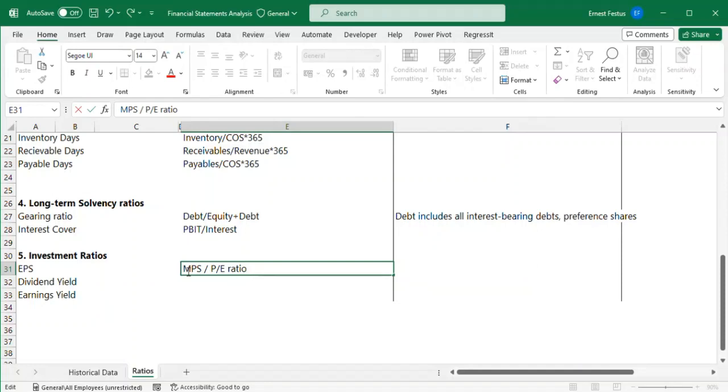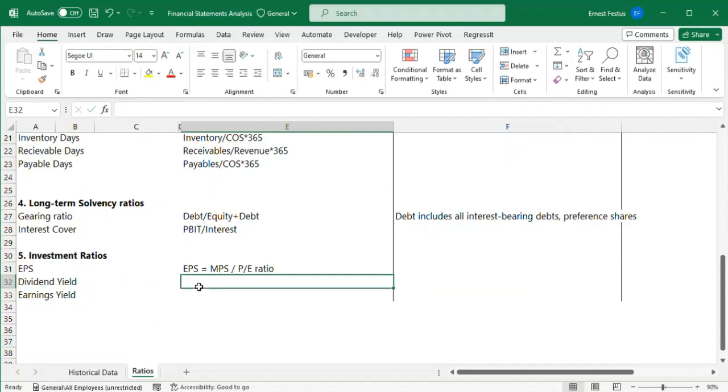So let me also do it like this: earnings per share is equal to market price per share divided by the PE ratio. So to find your PE ratio, you just do change of subject. The PE ratio is the EPS divided by the MPS, or the MPS divided by the EPS, that kind of thing. So whatever you want to find, you can use this equation to find it, and then you go.